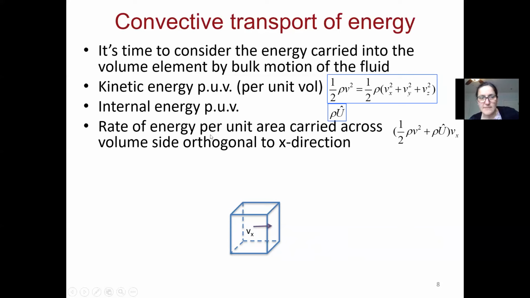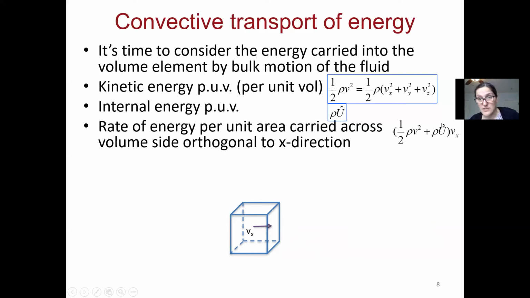So basically, the rate of energy per unit area carried across a volume. If this is my little coordinate system volume unit, and this is the X side and this is the X side, what's carried across this side is done at the rate of Vx, because the projection of velocity onto this X side is essentially Vx.